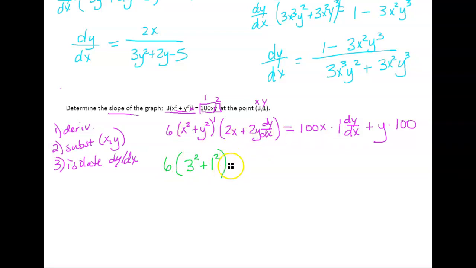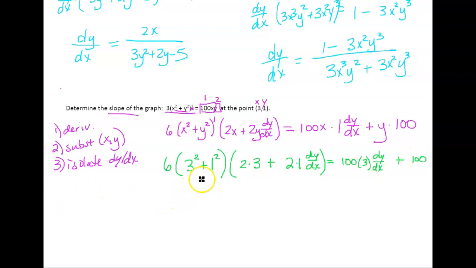Because see, this is really complicated. 2 times 3, 2 times 1, 100, what's x? 3 dy dx, and then 1 times 100.